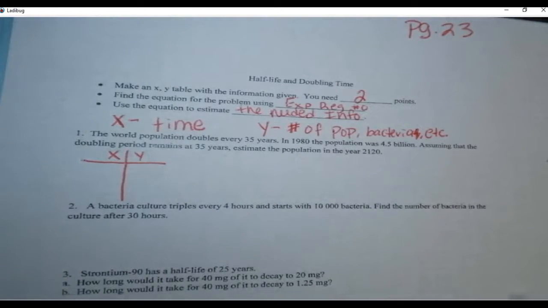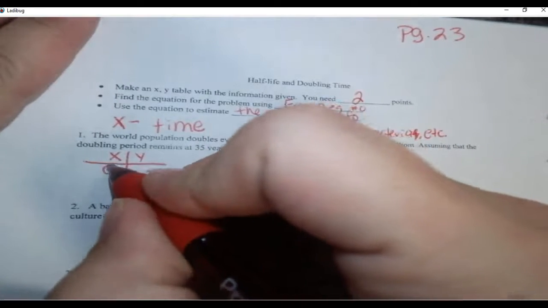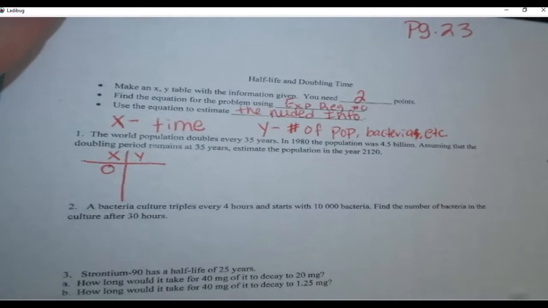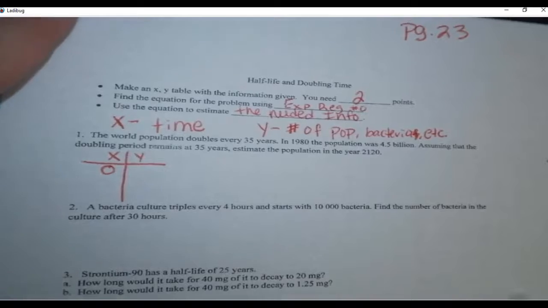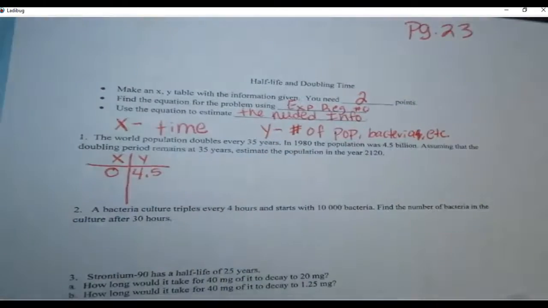So our first point is going to be our initial population. So in 1980, our population was 4.5. So we're assuming 1980 is where we're starting, so we're going to say that's our year 0. And in that year, it was 4.5 billion.